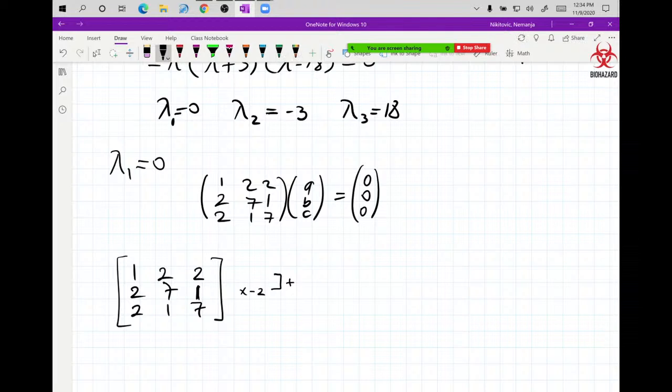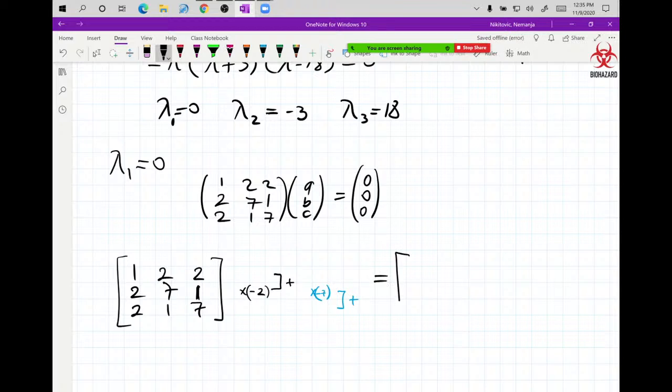Now, in a separate calculation, I need to multiply row 2 by -7. So multiply by -7 and add that to row 3, and that will kill this 7 and make it a 0. All right, let's go and see what we get.